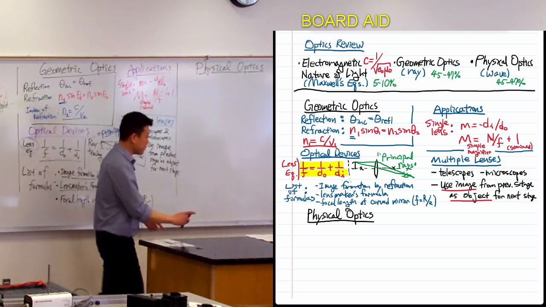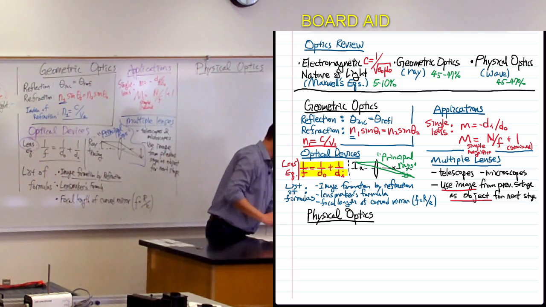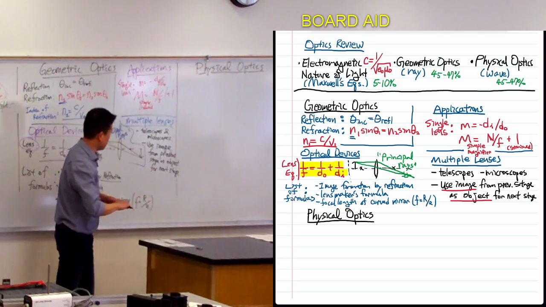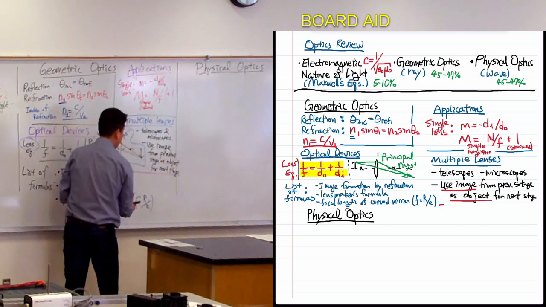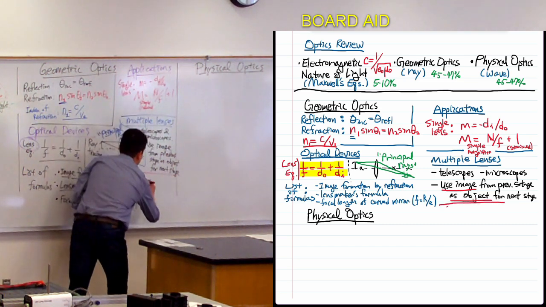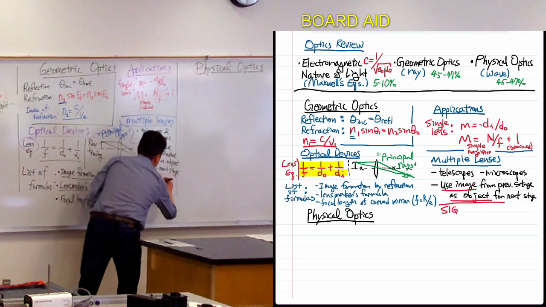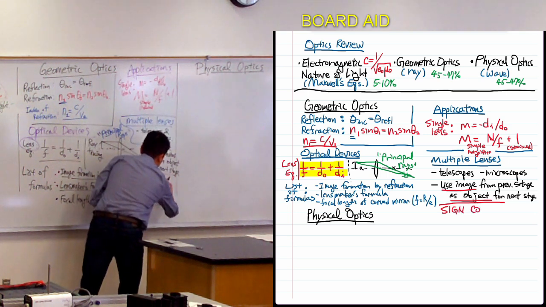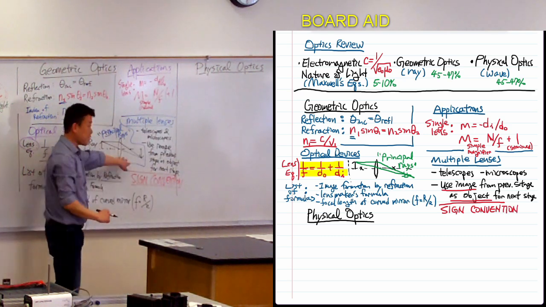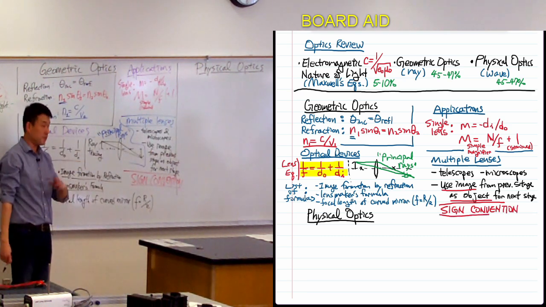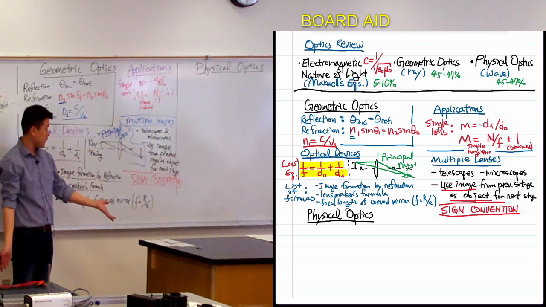And to wrap this up, the thing that you should really be clear on with geometric optics is sign conventions, because this is really convention. With the focal length, the sign convention is simple. If it's converging, positive; if it's diverging, negative.